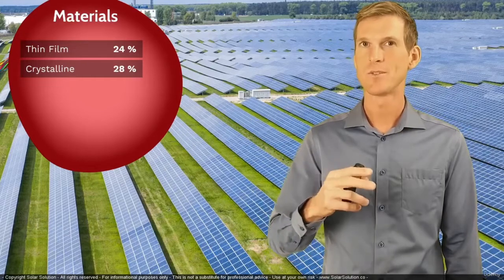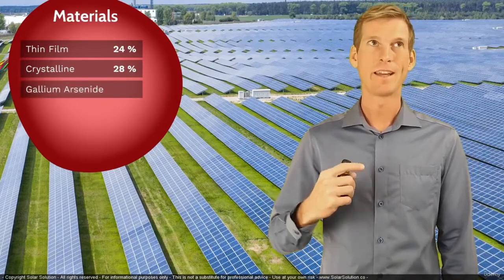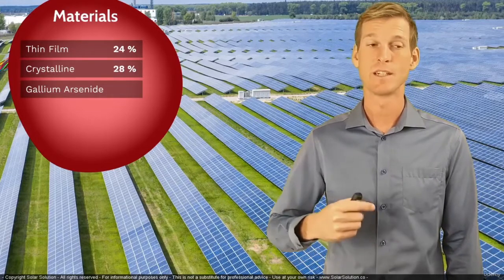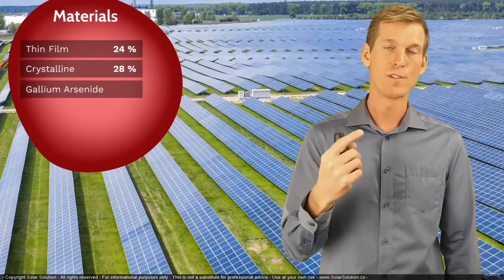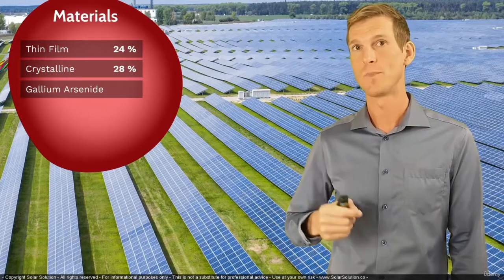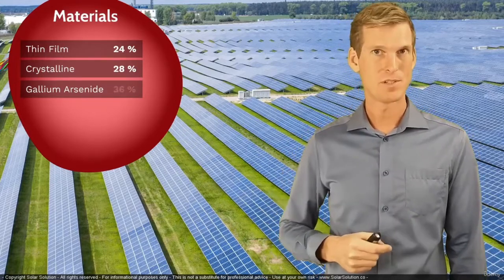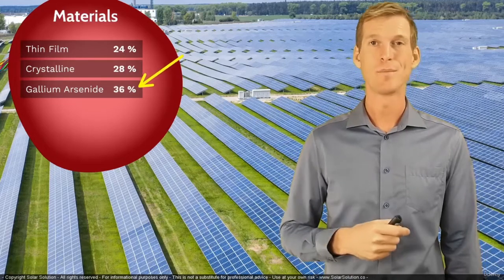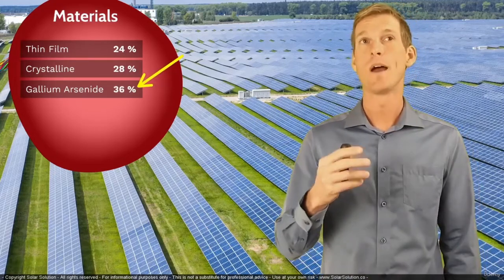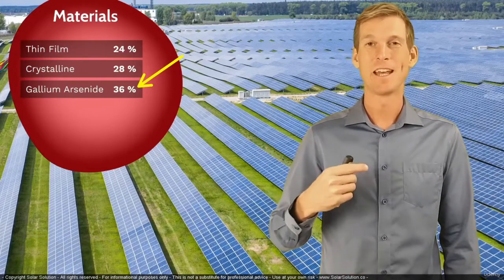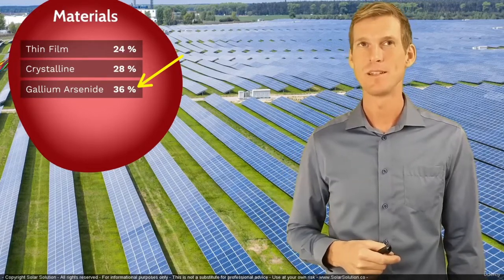Now, the next material is gallium arsenide. Gallium arsenide can give incredible performance yields. It is an incredible overall efficiency boost compared to the thin film and the crystalline materials, because you can get up to 36% overall efficiency from gallium arsenide. The reason why you probably won't be using gallium arsenide is that at the moment it's still incredibly expensive.